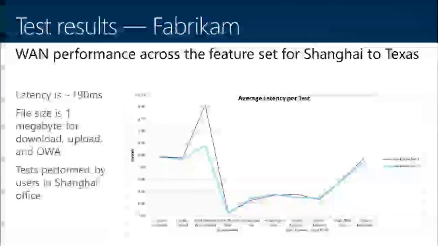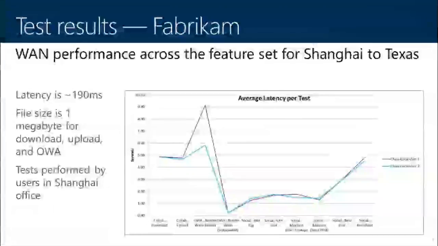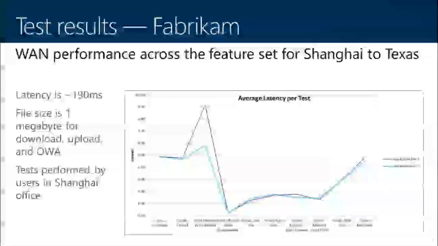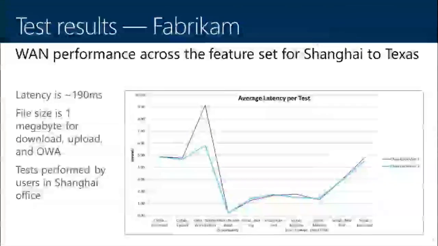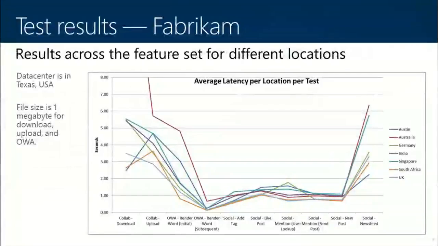And over that 190 millisecond connection, what you'll notice is the performance is really good, especially on the social stack and those activities. So these are from China to Texas, or Shanghai to Texas. To go further into it, the customer also tested across many different global points to go against that same data center in Texas. Similar sort of setup for the unit tests.